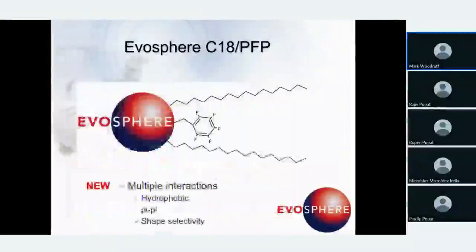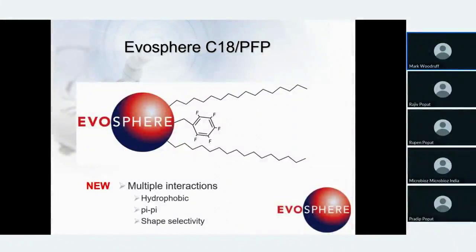The C18 PFP is again largely based on C18 functionality on the surface of the particle, the monodispersed particle, but also now with PFP end caps. So this allows us multiple interactions. We still have the hydrophobic nature of this being a C18 ligand.